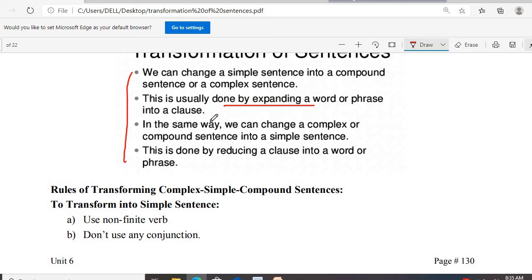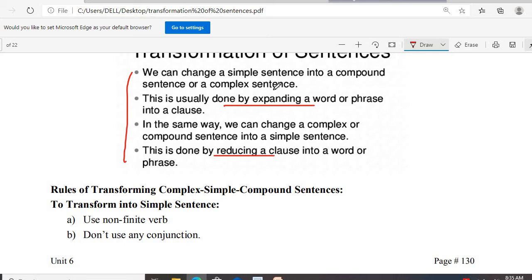That is the most important thing, because when you change a sentence into complex or compound, you will have to expand a phrase or a word. But when you change a compound or a complex sentence into a simple sentence, then you will have to reduce a clause or a word.